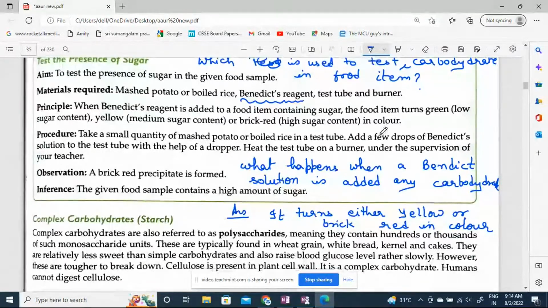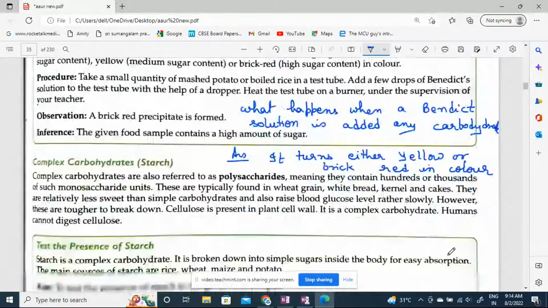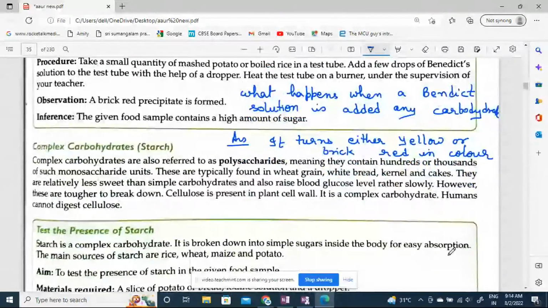Now there are two types of carbohydrates, simple carbohydrate and complex carbohydrate. Okay, so what are the two types of carbohydrates?